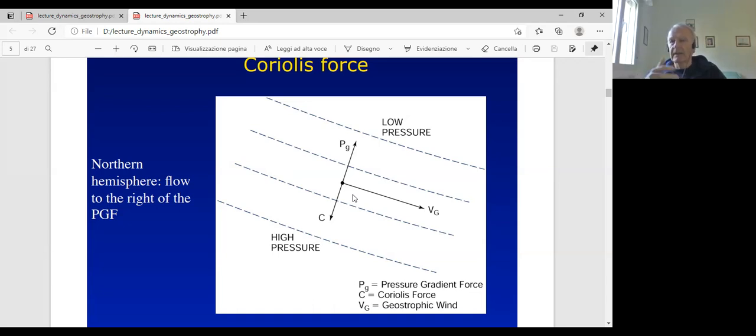It is much simpler to measure the pressure than the wind. So then you obtain the pressure field, and from that you obtain the wind field. And the same thing is true in the ocean.